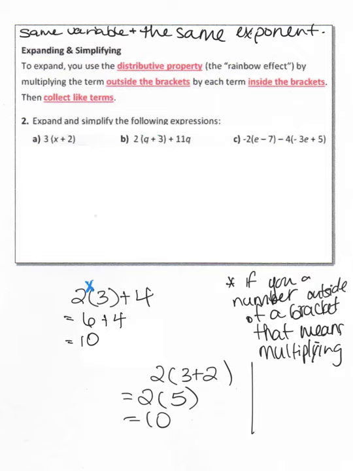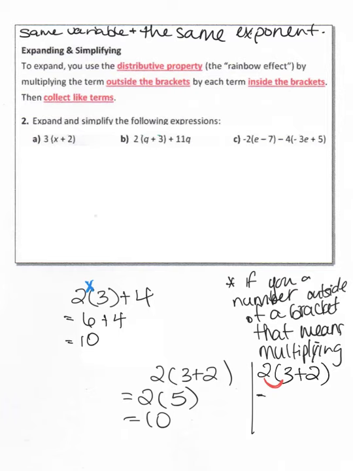So let's try it, and we're going to keep an open mind here. Let's try it this second way, where I actually do 2 times 3 first. I'm not going to add first. Let's just say we didn't know order of operations yet.